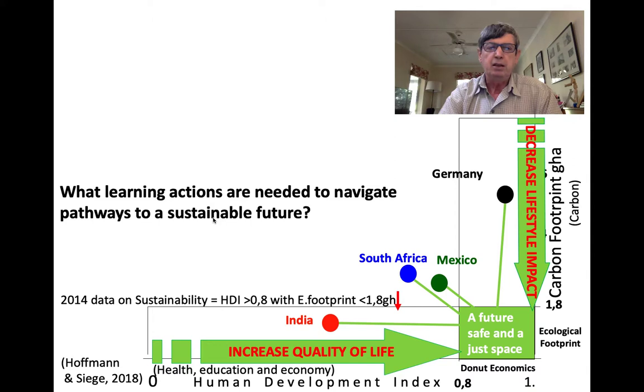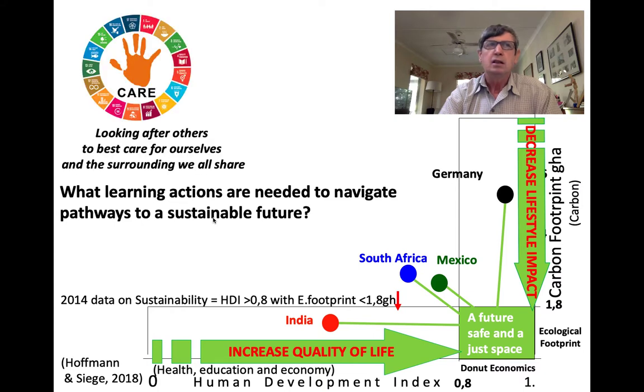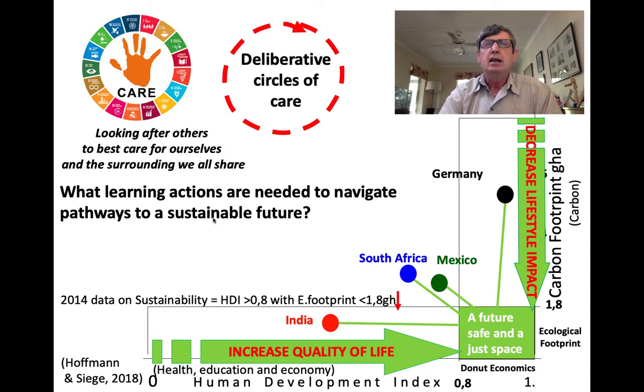So it's the interplay of maintaining quality of life and decreasing impact that is critically important for our handprint care work, looking after others to best care for ourselves and the surroundings that we all share. So we came up with this little idea of circles of care, as places where we will deliberate future and change.